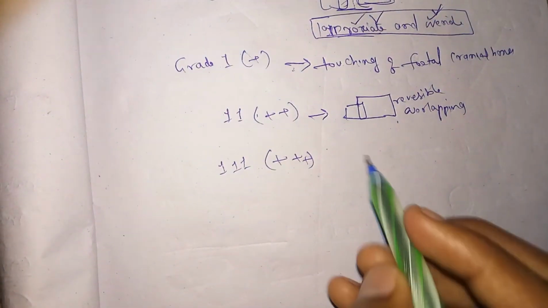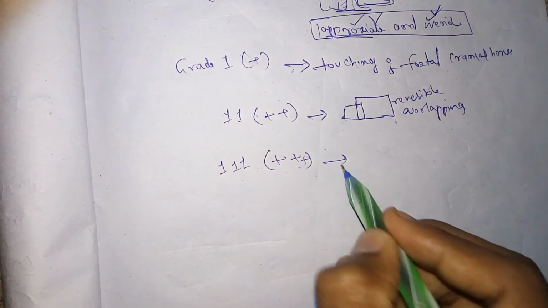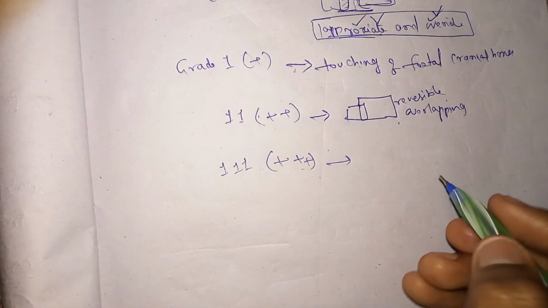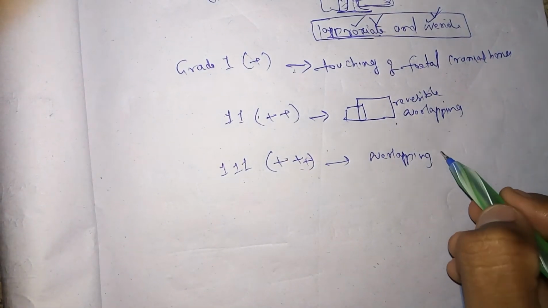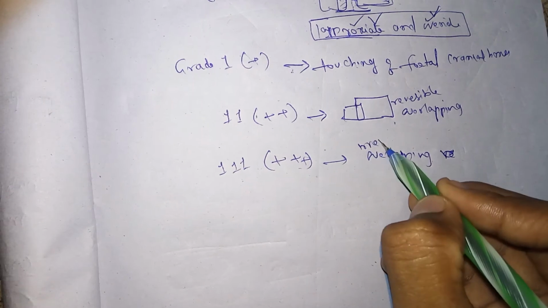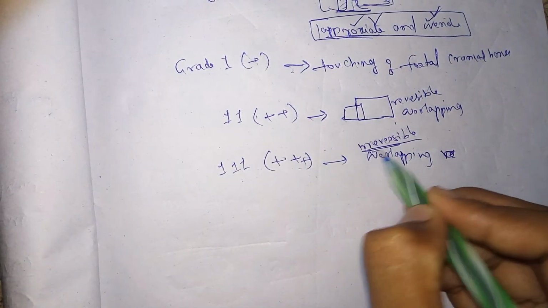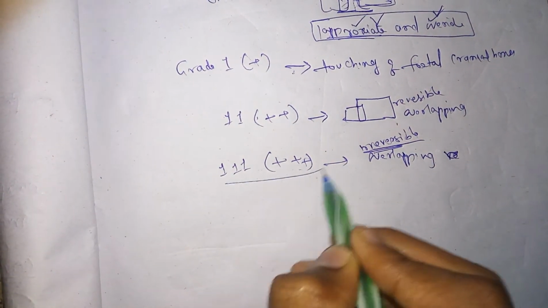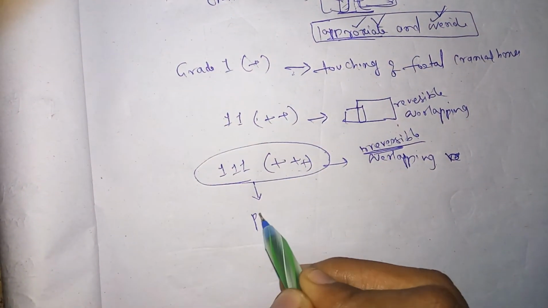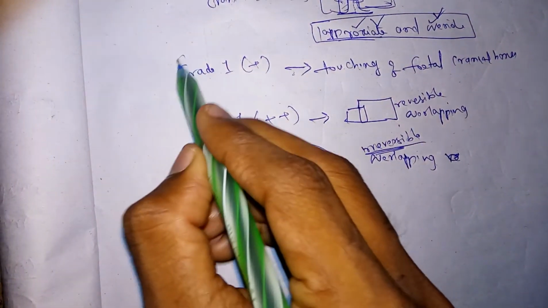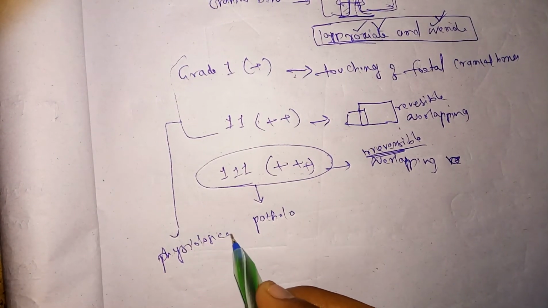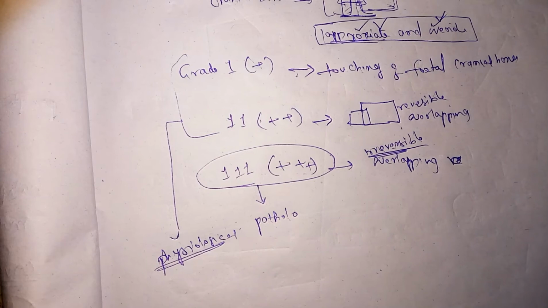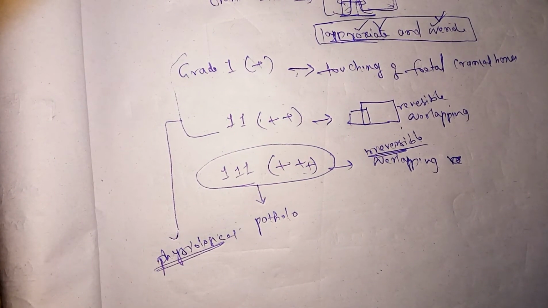In plus 3 or grade 3, there is overlapping here also, but the overlapping is irreversible. This grade 3 is pathological. Grade 1, grade 2, these are physiological, because these two are happening to change the shape of head so that the baby can pass through the birth canal, right?